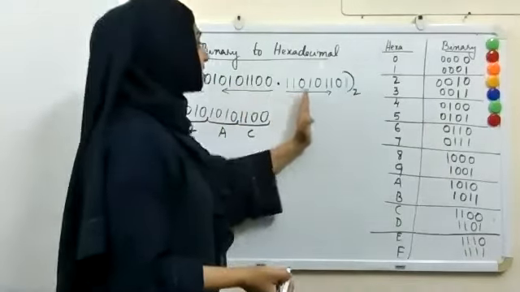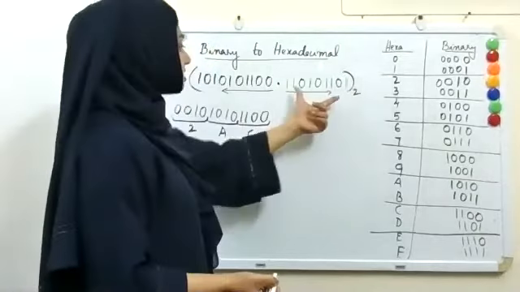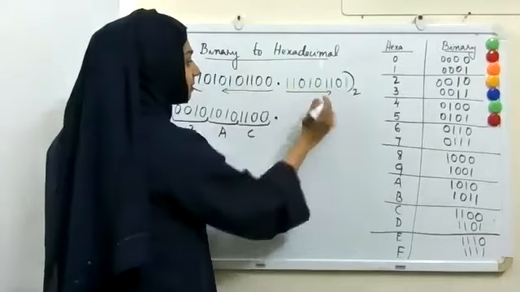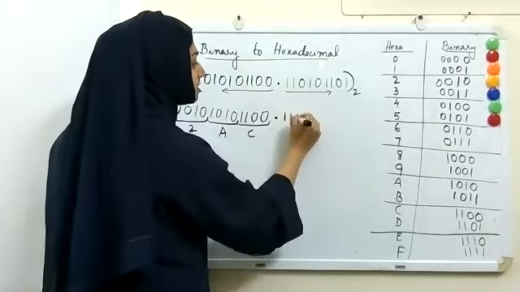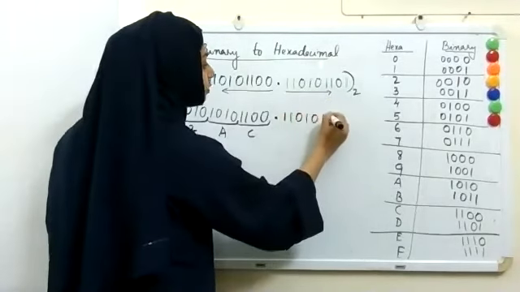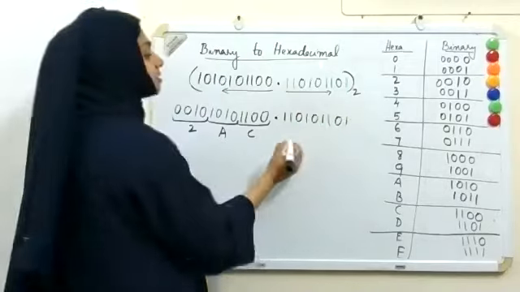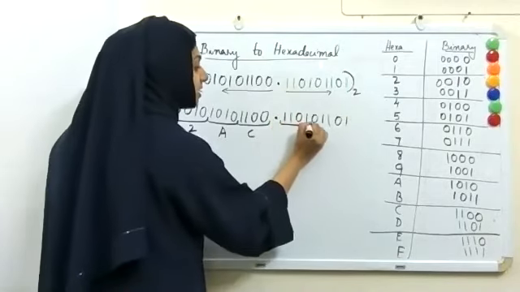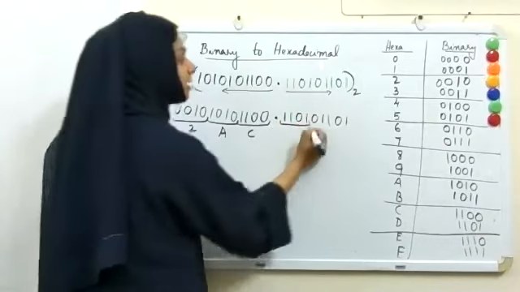Now we have to take this part. I have to start from here. So the number is 1 1 0 1 0 1 1 0 1. I will start classifying from here, taking a group of 4.